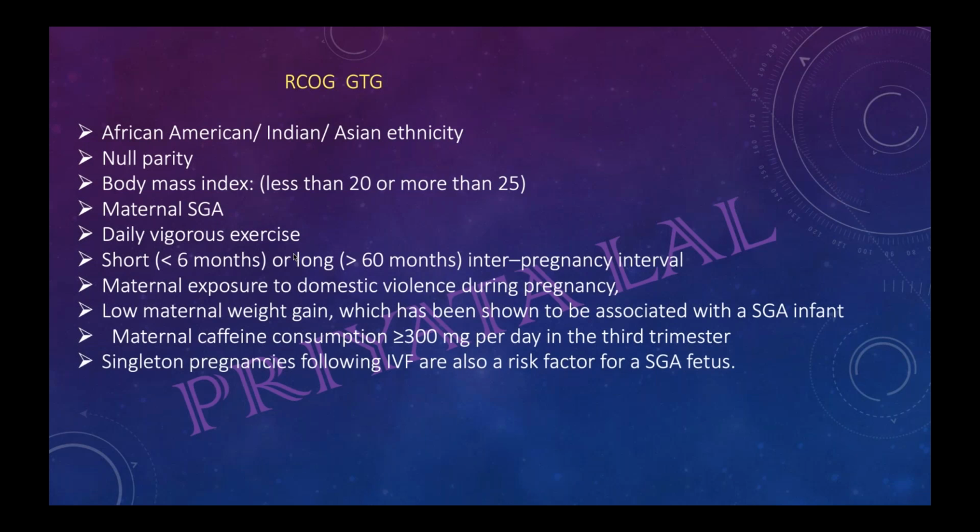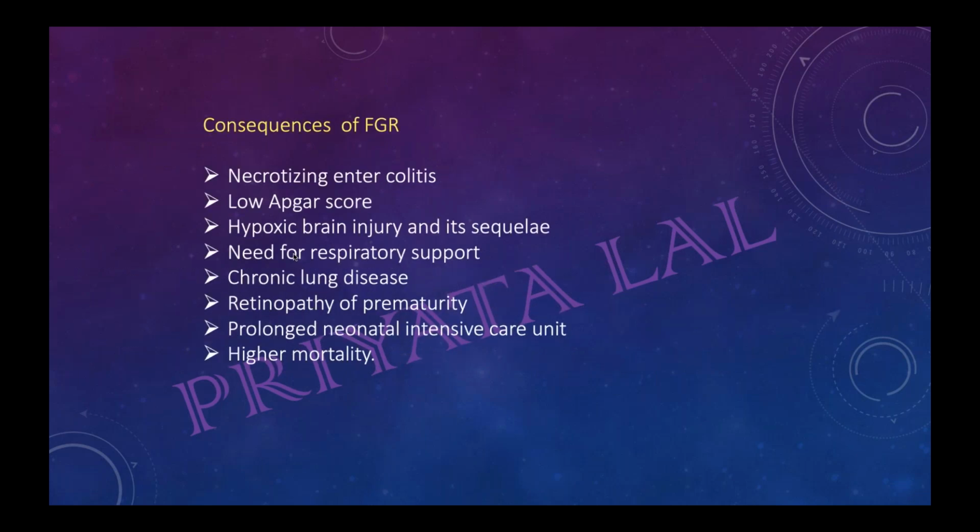Then domestic violence, low maternal weight gain, caffeine consumption more than 300 milligrams per day in the third trimester, and singleton pregnancy following IVF. So these are the risk factors for SGA that are there in the RCOG guideline.